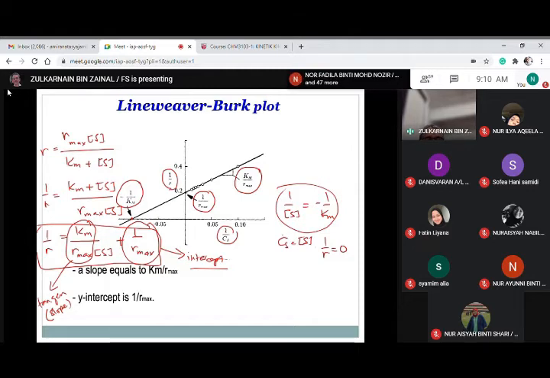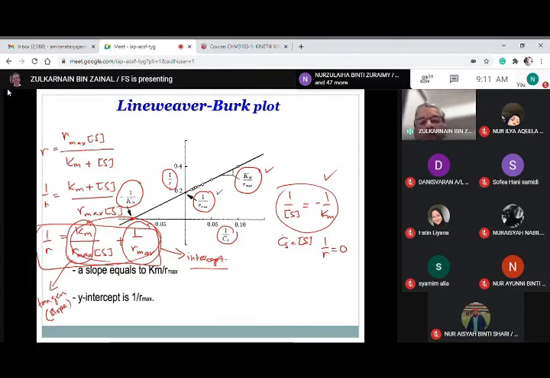If this is 0, then you can work out how you get this relation of 1 over CS equal to minus 1 over Km. So you can determine the value of 1 over Km at this position, or you can also determine the value of Km at this position. You got two choices.